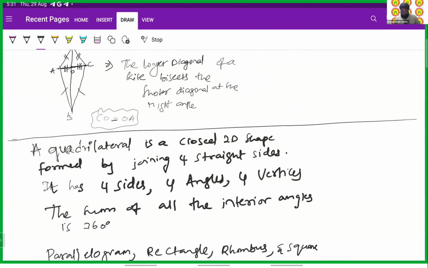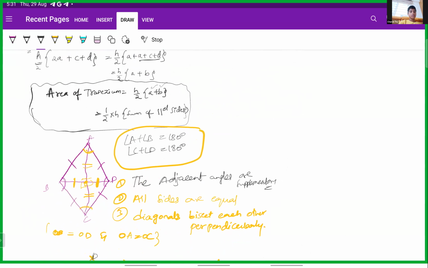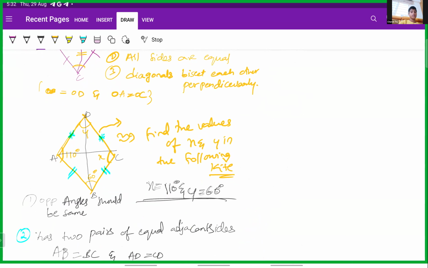So this is a kite, right? Opposite sides should be the same. X is equal to 110 degrees and Y is equal to 60 degrees.